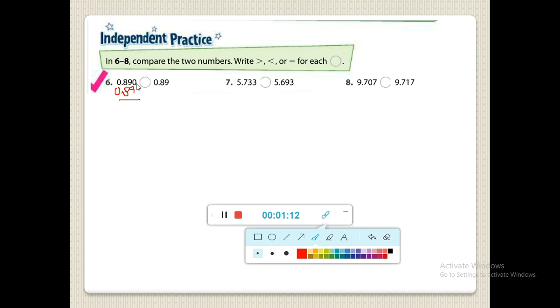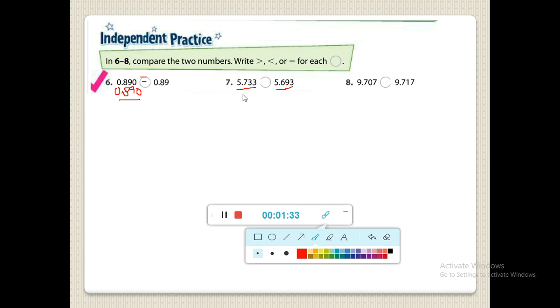But here we have an extra zero. So as you know, we can add zeros on the right. So they are the same. So they are equal.